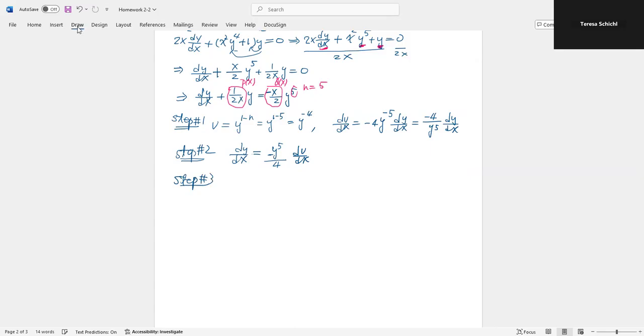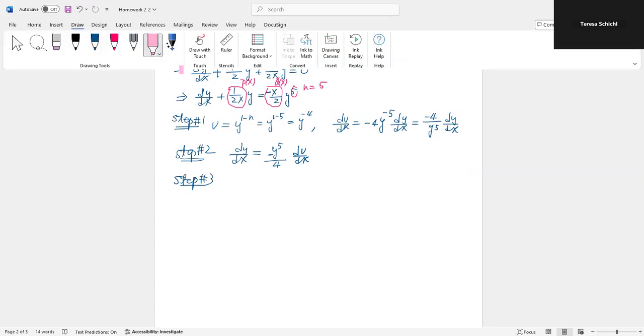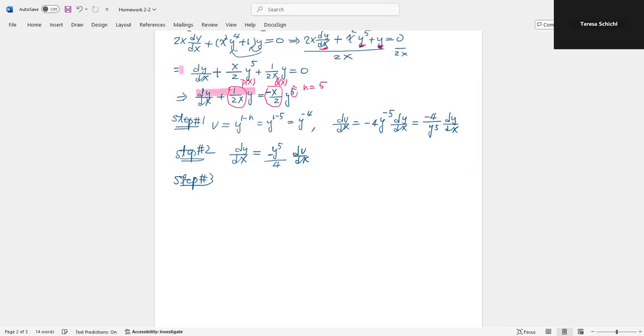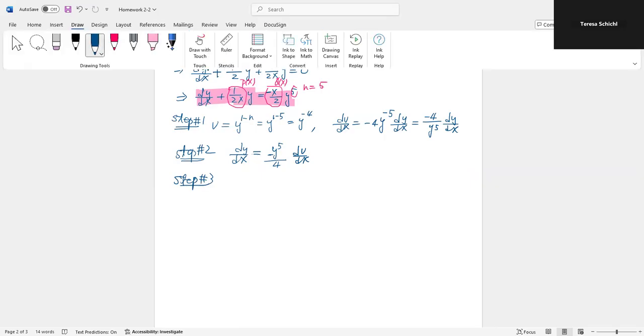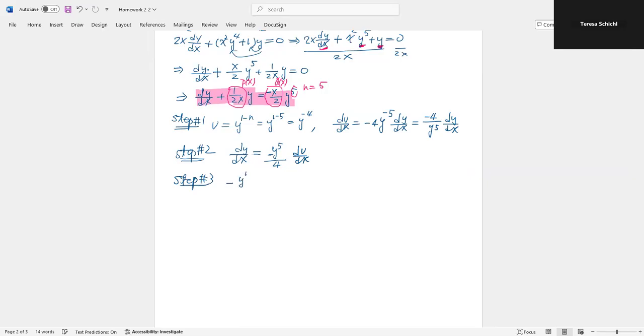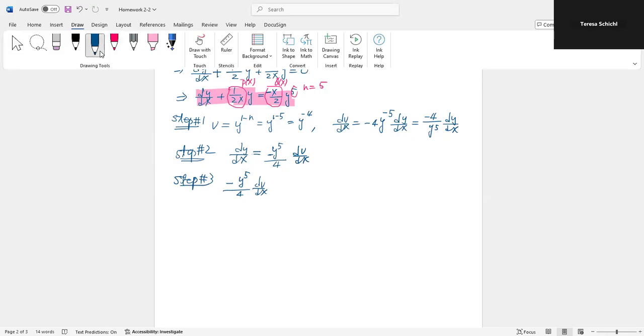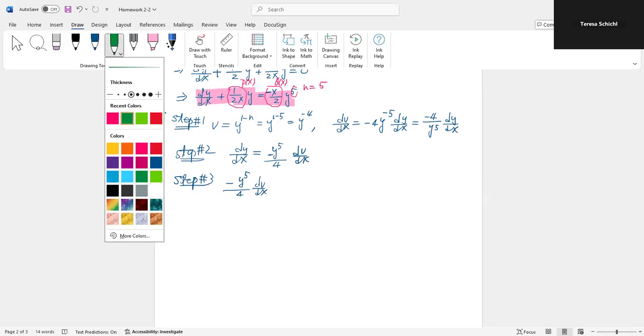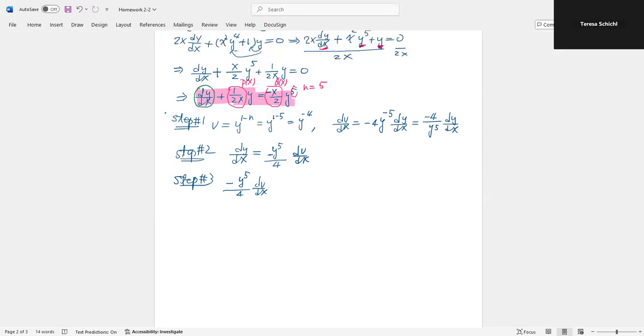Let me highlight my equations here. So this is my original equation. Substitute dy/dx, which here is negative y to the fifth over 4 dv/dx. I replace the dy/dx with this.